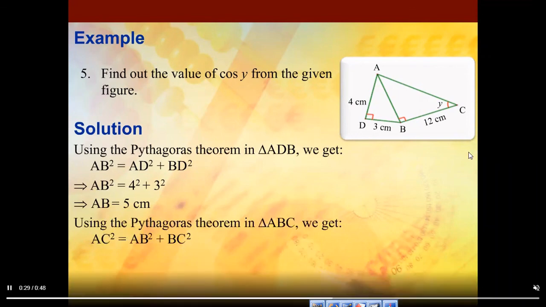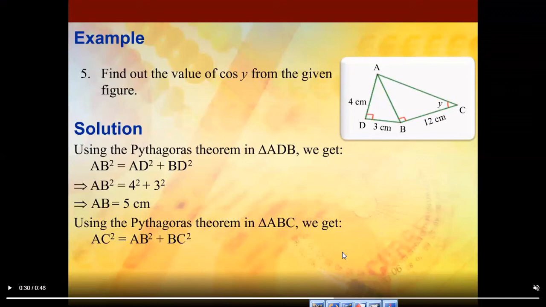Now take the other right angle triangle ABC, where we need to find the hypotenuse AC. In the right angle triangle ABC, where the right angle is at B, the side opposite to the right angle is the hypotenuse. Previously we got the value of AB here, children, as 5 centimeter. So we substitute AB as 5 centimeter and BC as 12 centimeter.